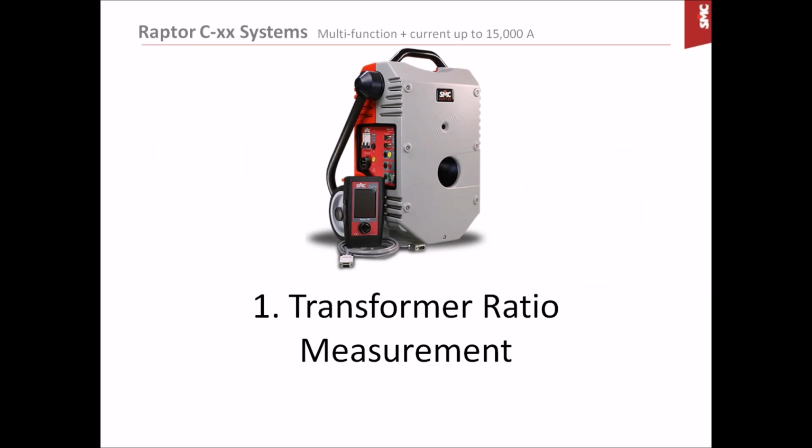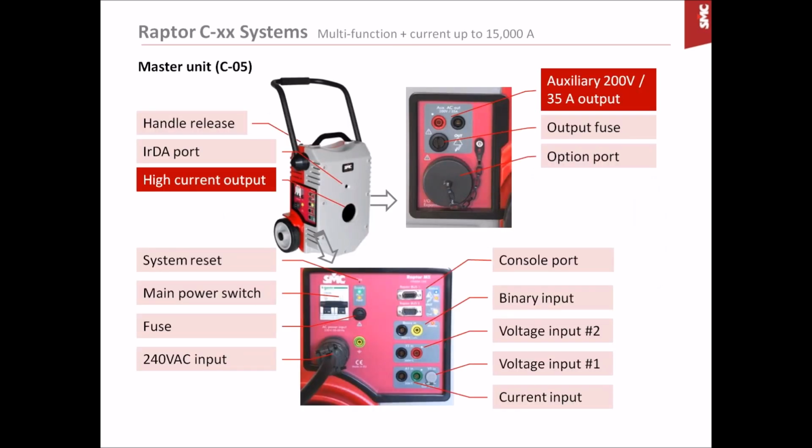So for the ratio measurement, as I told you, we are going to use the main current output here, and we are going to use the ammeter, which is on the left side of the unit, to measure the secondary output while we are injecting a known value for the primary.